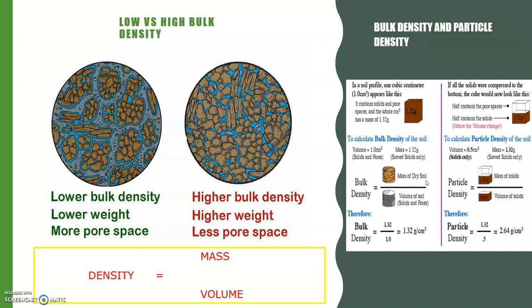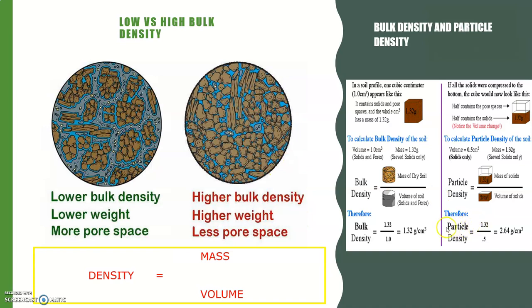But to calculate the particle density, you will compress the soil. Once you compress, the space is lost, so the volume will be reduced. Once the volume is reduced, the density will be higher. So we will calculate density. See, this example you can check here.